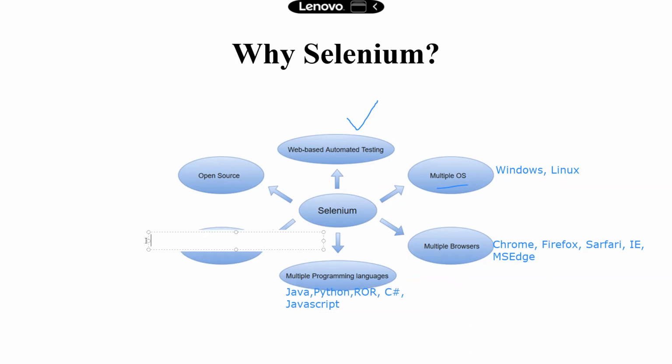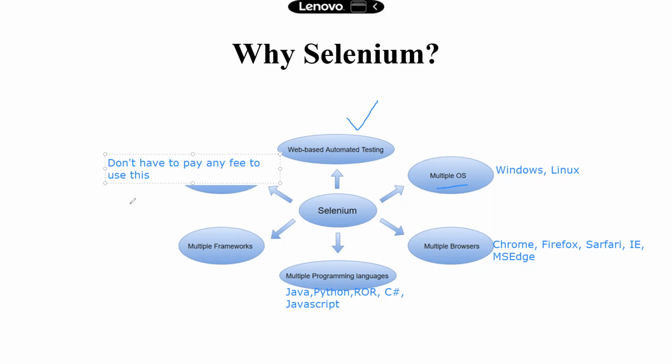So we have a lot of options in frameworks as well. And then it is again open source. We don't have to pay any fee to use this. Okay. So these are basically some plus points of using Selenium.